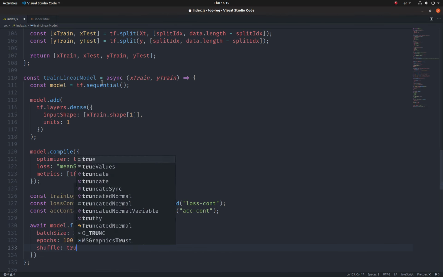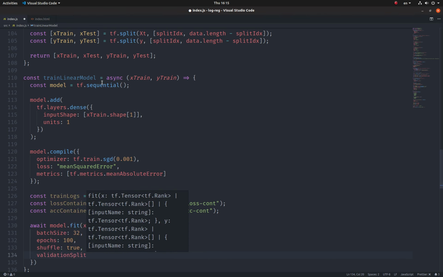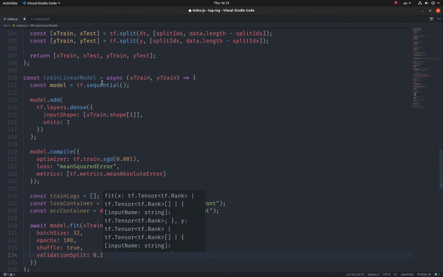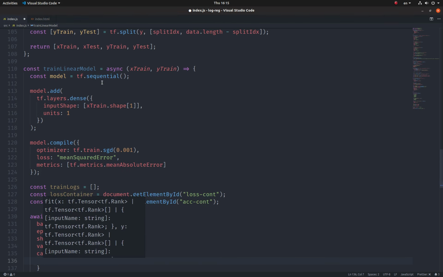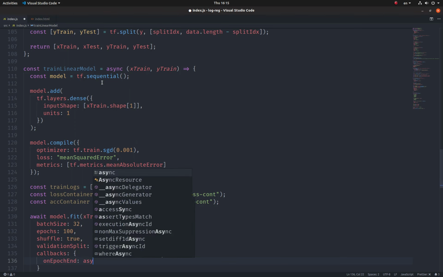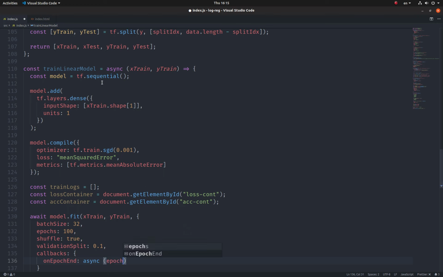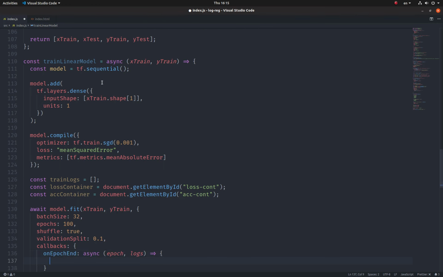I'm going to request to shuffle the data, and we are going to split the data into training and validation datasets, and I'm going to use only 10% for the validation dataset. The last thing that I'm going to do is use the callbacks property to call onEpochEnd, and this is going to be an async function which receives the epoch and the logs for this.